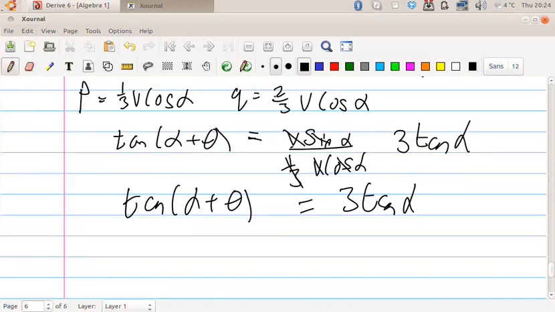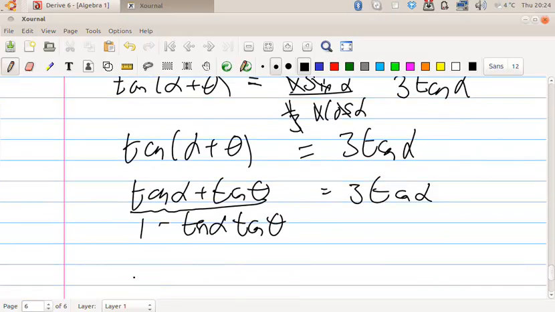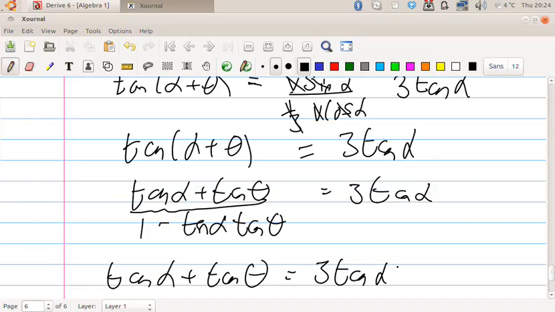And we just have to get it worked into this form here. And that's just a trig formula, so let's see how quick we can do it. So this will be tan alpha plus tan theta all over 1 minus tan alpha tan theta equals 3 tan alpha. So we get tan alpha plus tan theta equals 3 tan alpha minus 3 tan squared alpha tan theta.